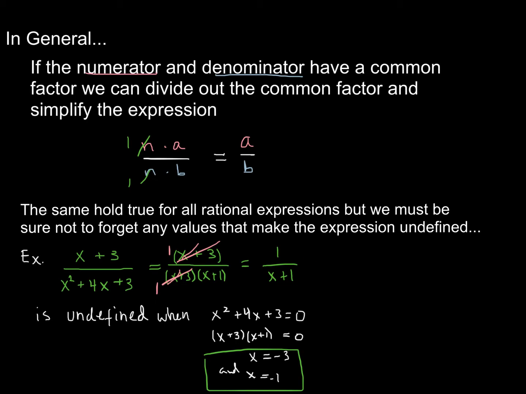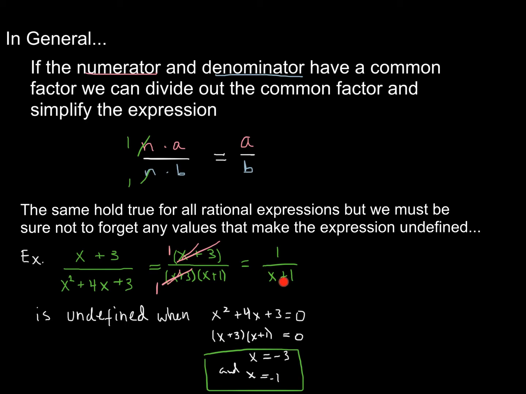The only thing I have to make sure I remember is that this expression, just like my original expression, is undefined when x equals -3 and when x equals -1. So I can say that this expression simplifies to 1 over x plus 1 so long as x is not equal to -3 and x is not equal to -1.